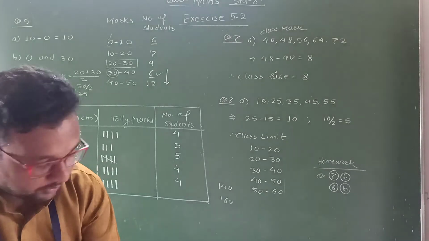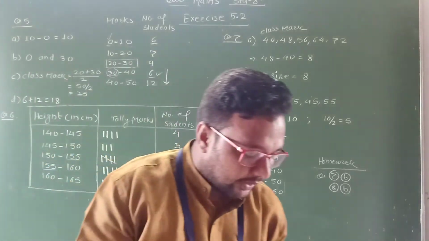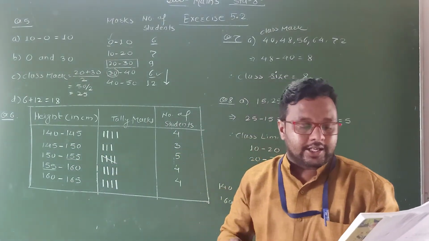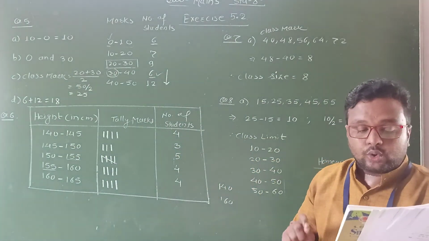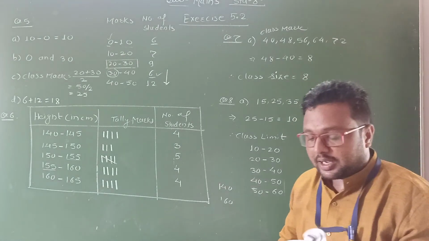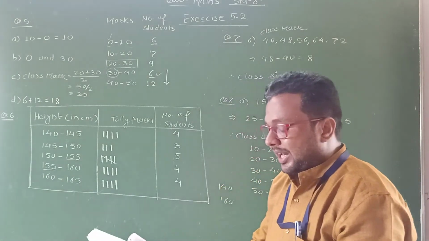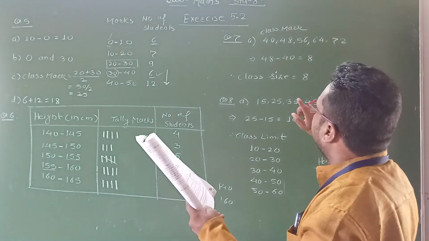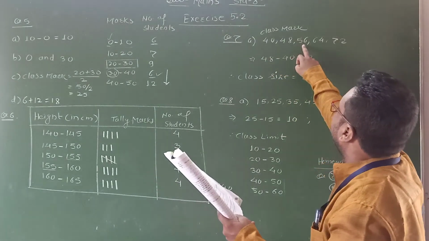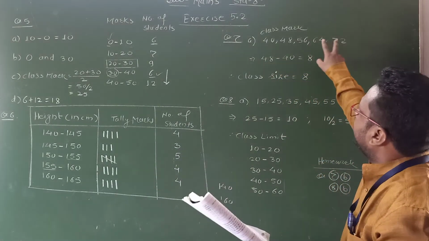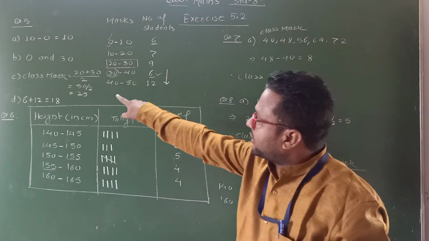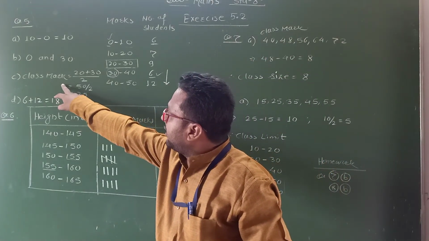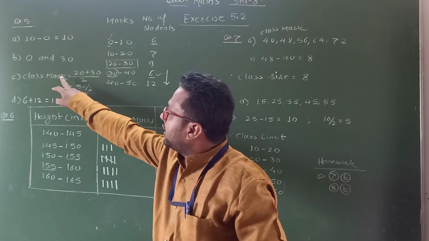Okay, now see question number 7. Find the class size if the class marks of the grouped frequency distribution are as given below. Class marks of the distribution table are given: 40, 48, 56, 64 and 72. We know the class mark. How to find out the class mark? We already completed it in question number 5C.